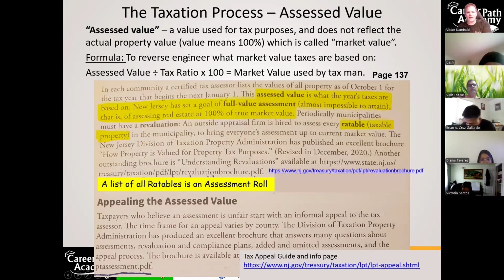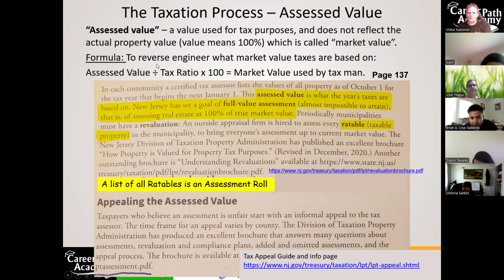So here's the formula I put together for you. But let me read this. Assessed value is a value used for tax purposes and does not reflect the actual property value. The word value means 100%. So anytime we're talking about value, we're trying to talk about all of it. So that's why value means 100%. And market value is the 100% of the true value of the property.